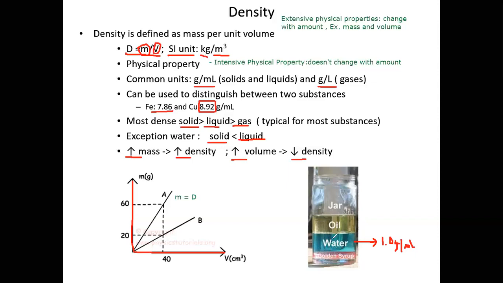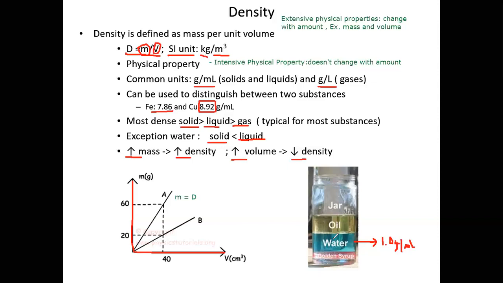So something that is more dense is going to sink. Something that is less dense is going to float or be above water. So by knowing the density of, say, water, you can qualitatively determine the densities of your other substances.